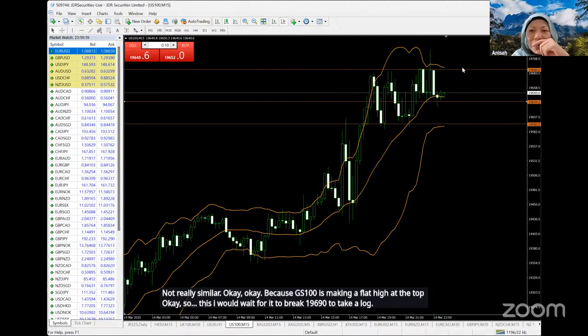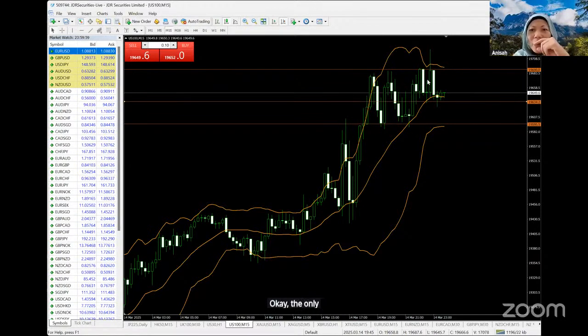The only similarity is that they both remain in the bullish area, and then both go up above there. Yes, correct.